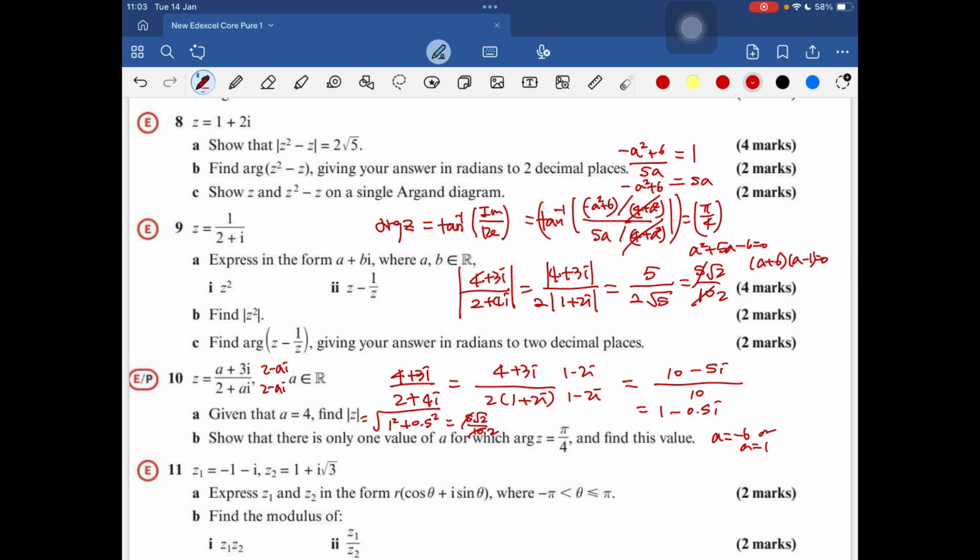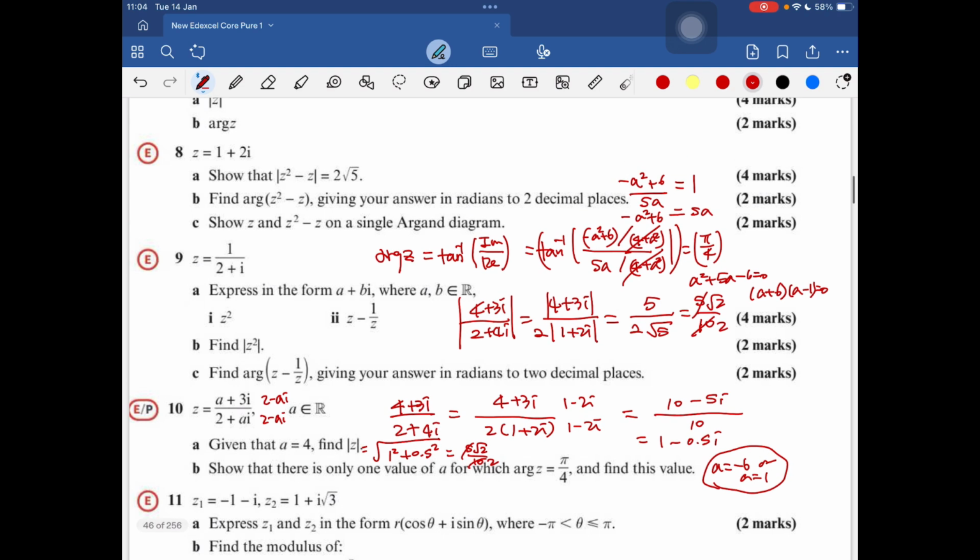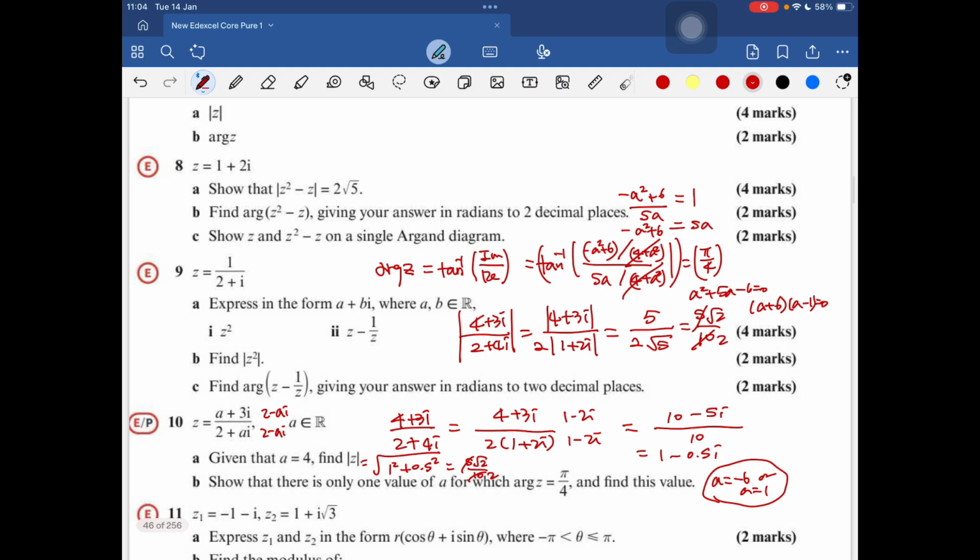Let's see. When a equals negative 6, so this is the result at this moment, but we need to verify it. A equals negative 6 or a equals 1.